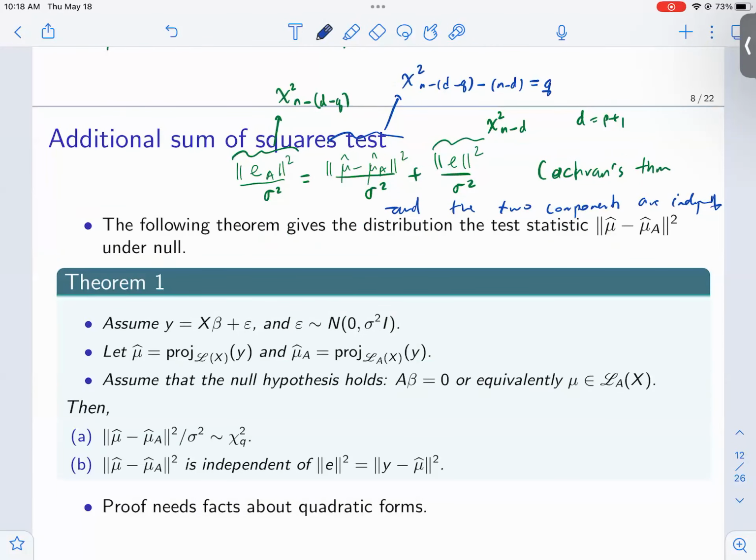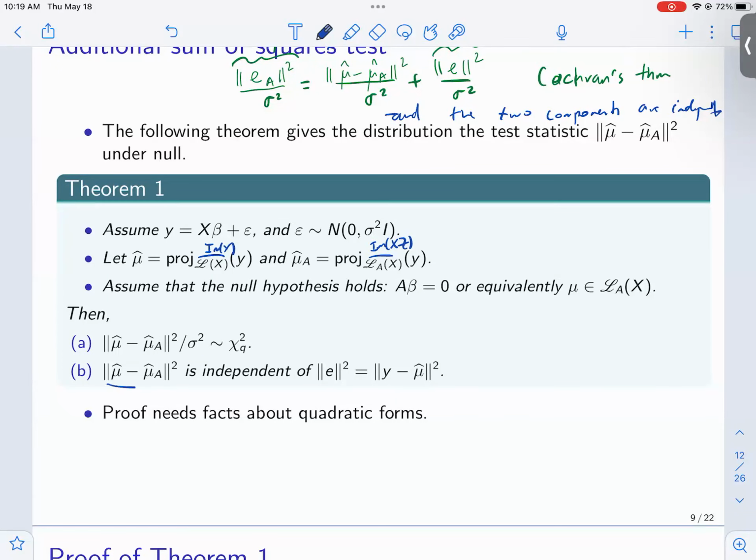So mu hat is the projection of y onto the image of X, and mu hat A is the projection of y onto the image of XZ in our notation now. Then this difference divided by sigma squared is going to have a chi-square distribution, and this guy and e squared are going to be independent. This is a result from Cochran's theorem. The fact about quadratic forms we prove once we talk about that.